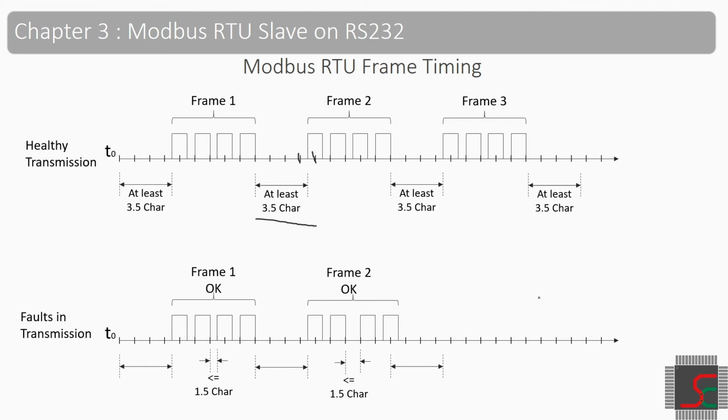There seems to be a gap in the frame, but it is still within the timeout of 1.5 characters, so the Modbus slave should process frame 2 also. Now the third frame is not okay because we can clearly see that the gap between the characters is more than 1.5 characters. So the Modbus slave should not process this frame.